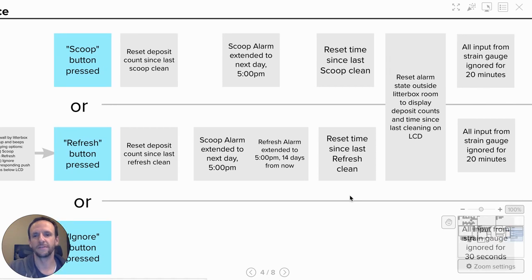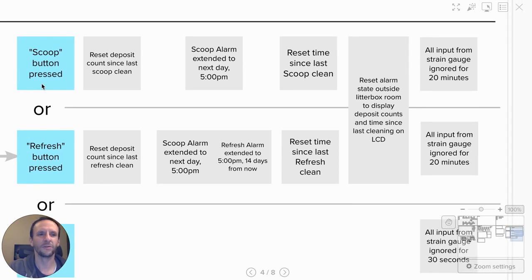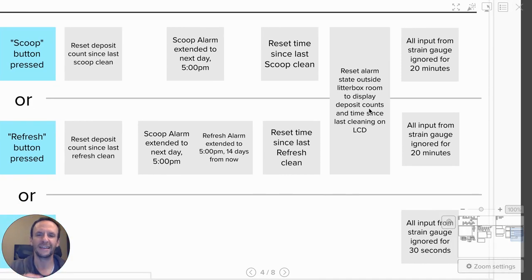And of course, if an alarm was tripped after we clicked that scoop or refresh button, which was enabled by us interacting with the litter box, then we would reset the alarm state outside of the bathroom. And of course, we don't want to have that interaction of change in litter box occur too many times or too frequently.